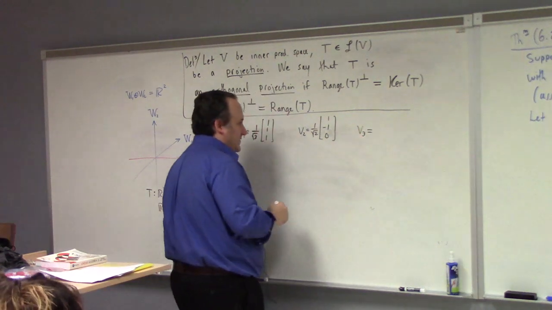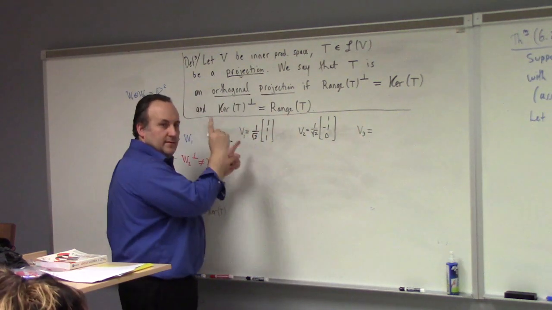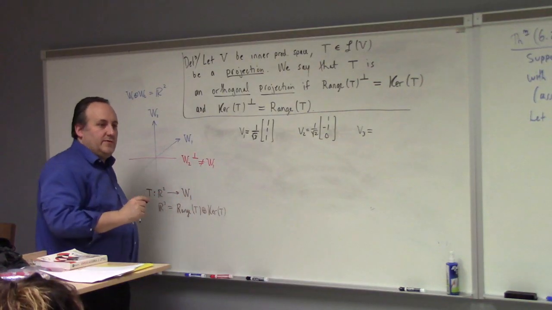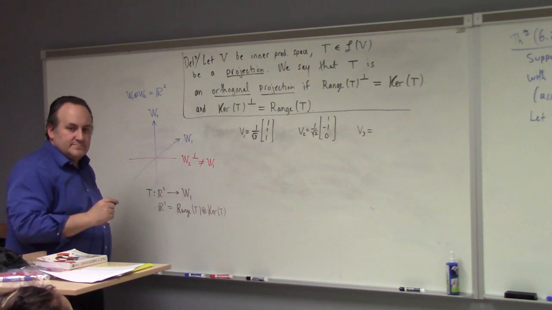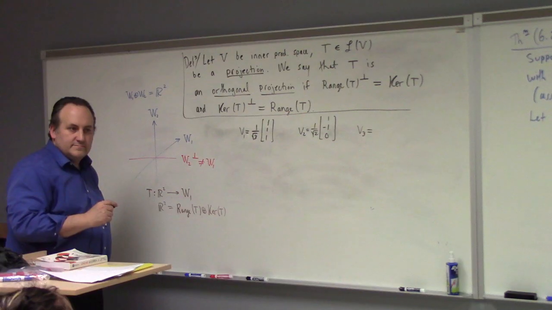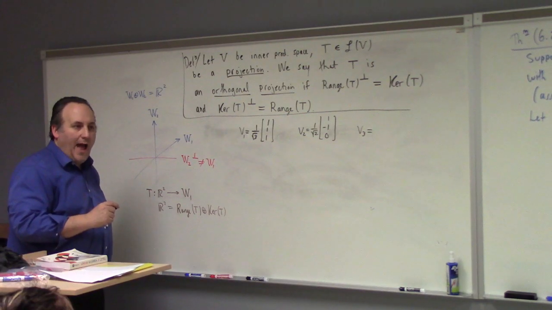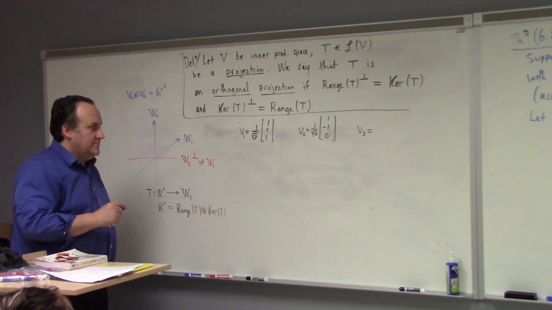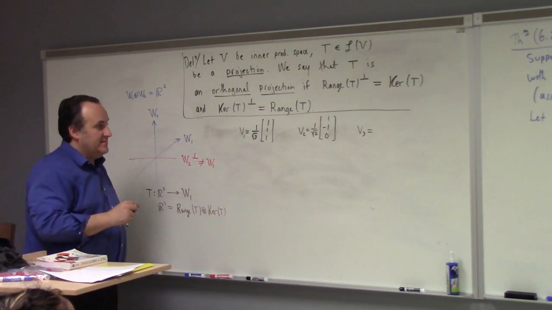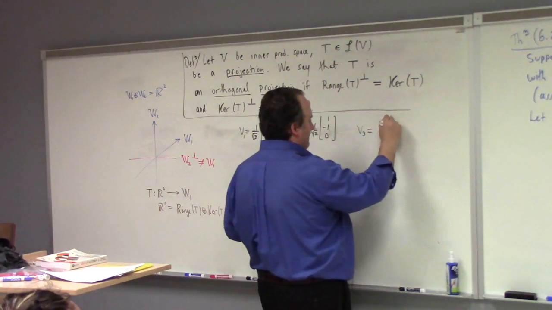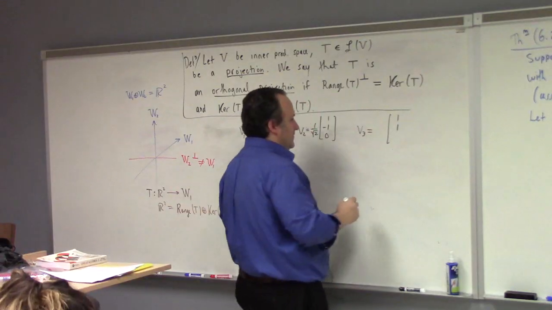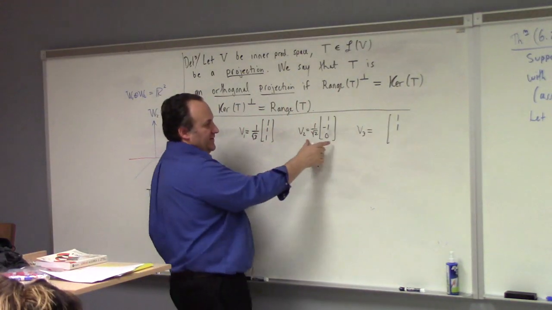Now I want a third vector which is perpendicular to both of those. How would you find it? You could guess, right? If I do 1 and 1, I've killed this bird.